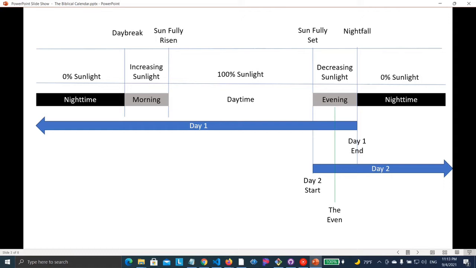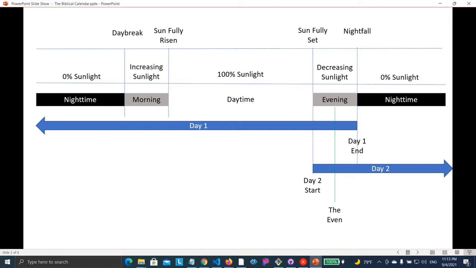And when you get to 0% again, you're at nighttime, and that's called nightfall. So our dividing lines are daybreak when you first get some sunlight, sunrise when the sun's fully risen, sunset when the sun's fully set, and nightfall when you have no daylight again.